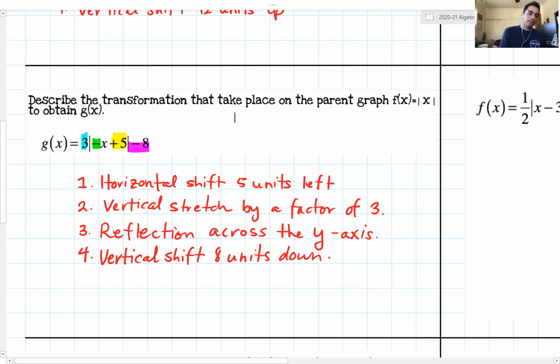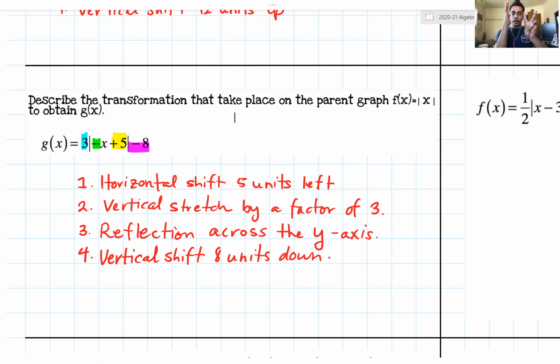Now this should paint a picture. This essentially will tell you where your graph should end up. I know that's kind of difficult to do because I'm not sure what you see, the mirrored version or the real version, but I'm going to try to do it with my hands. If this is my y-axis and my function is here and it's a shift 5 units left, I'm going to my left. So I'm going 5 units this way.